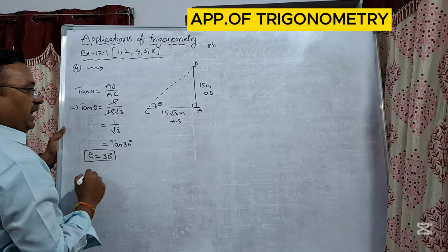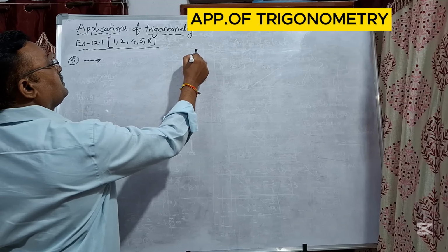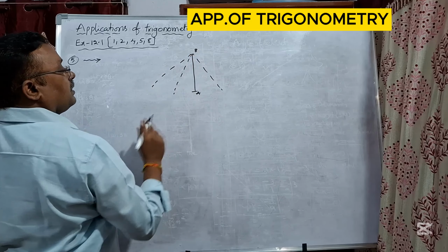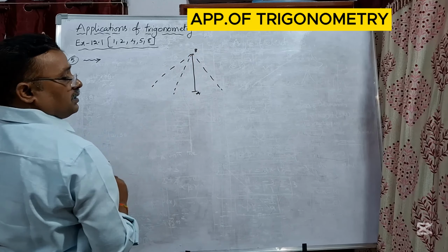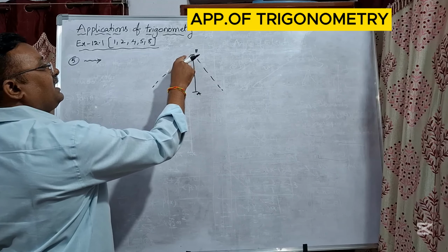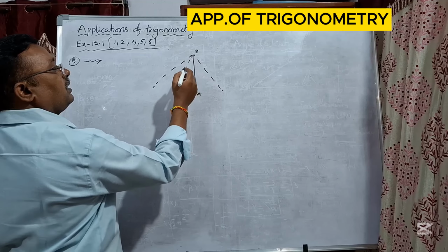What does the data contain? They want to erect a pole AB with the help of three ropes to stand it properly on the level ground, by making an angle of 30 degrees with the pole.